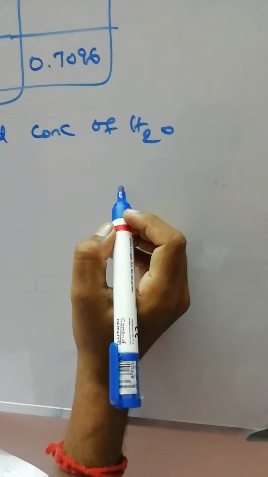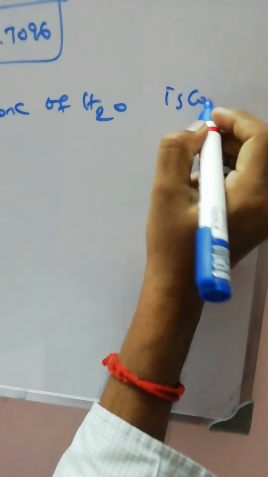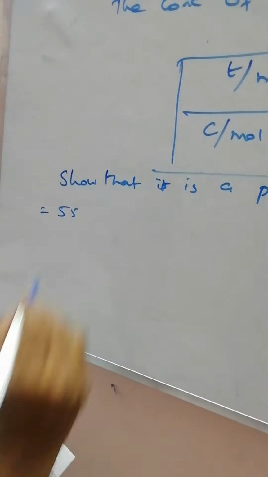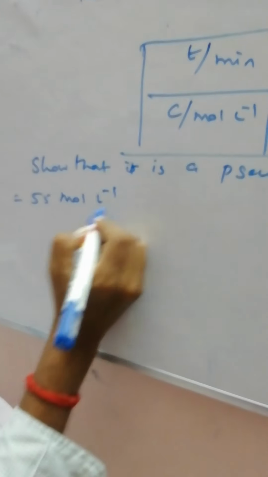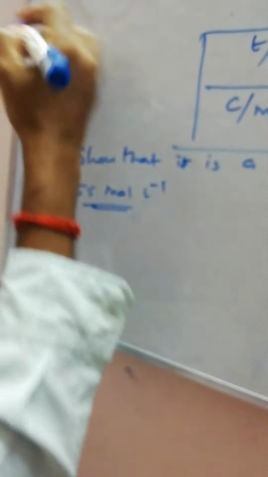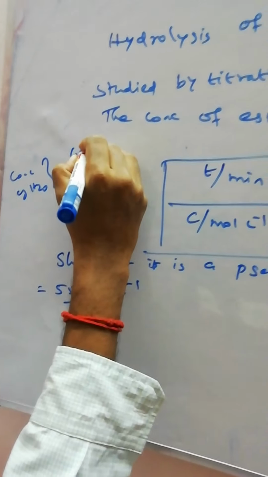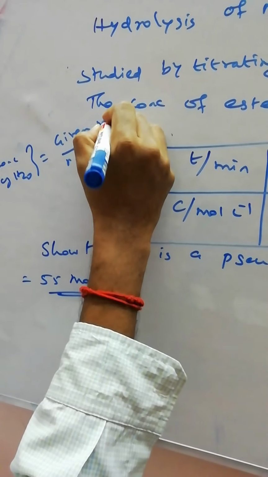The concentration of water is constant because it is a pseudo first order reaction, and it is equal to 55 moles per liter. This we already derived in the solution lesson. Concentration of water is equal to given mass by molar mass.